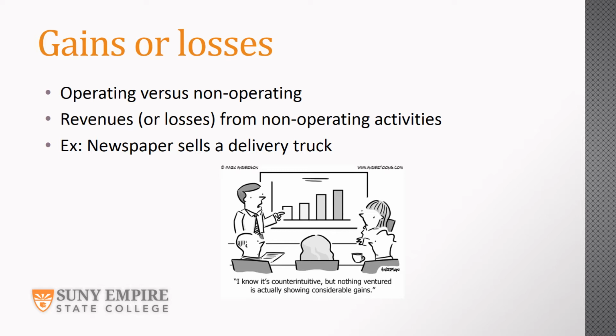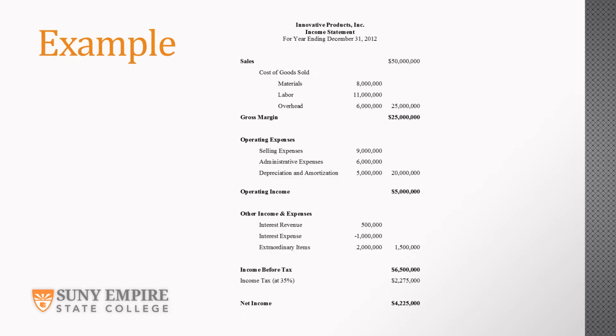Let's take a look at an example of an income statement. This is a very basic income statement. We see that the revenue comes from sales. Then the company considers its operating expenses in the form of cost of goods sold, broken down into some additional categories: materials, labor, and overhead.